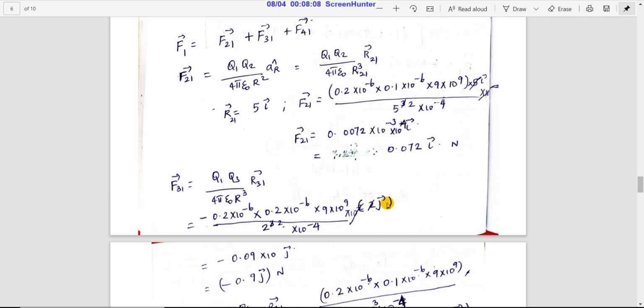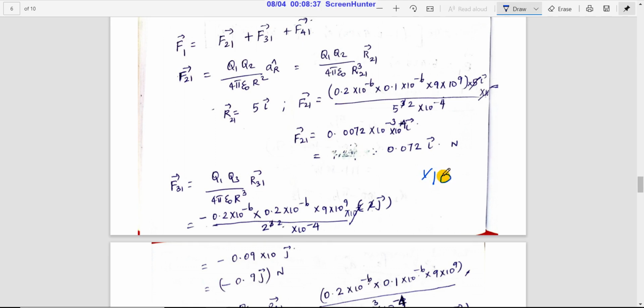In order to convert this particular centimeter value into the meter value, we are going to multiply it with the 10 power minus 2. Here also, why has 10 power minus 4 come? Because 2 and 2 have been cancelled, so here only the square term is there. So 10 power minus 2.